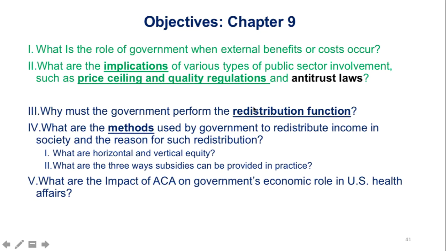Looking at the objectives of chapter 9, hopefully we covered the role of government, the implications of different types of public sectors, and the different methods of redistribution, and briefly the Affordable Care Act and government's economic role.